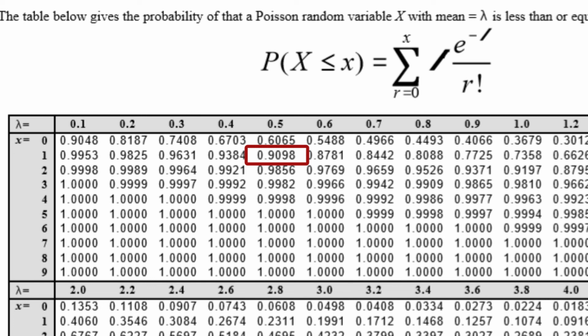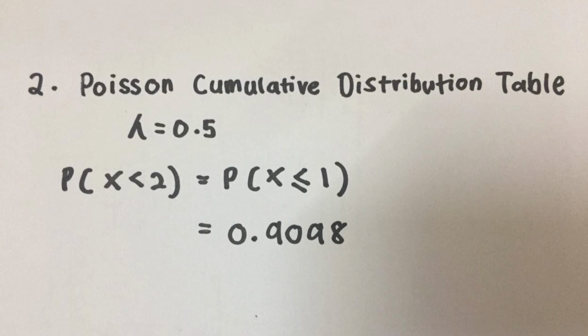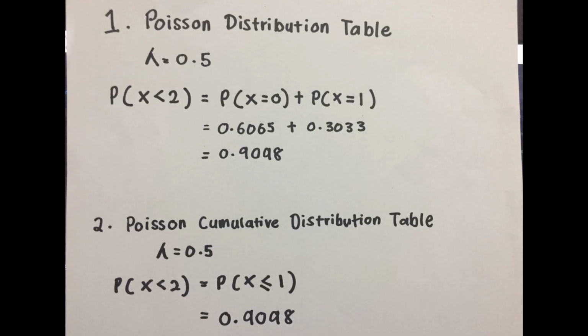So the value is 0.9098. So from the example that we have done just now, we can conclude that we can use both tables because they give us the same value as the answer.